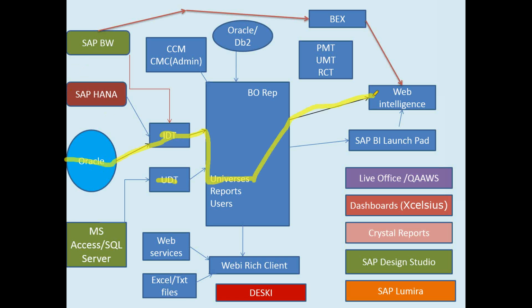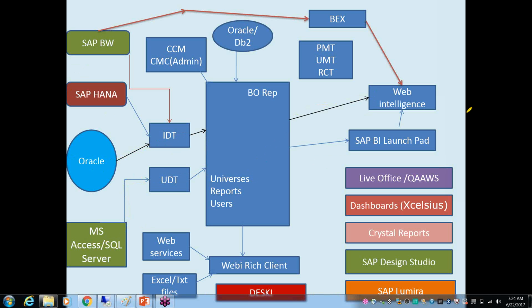Fine. The same is applicable for SQL Server. Create a universe by connecting to the SQL Server database, using either UDT or IDT, and create a report. Is that clear, everyone?